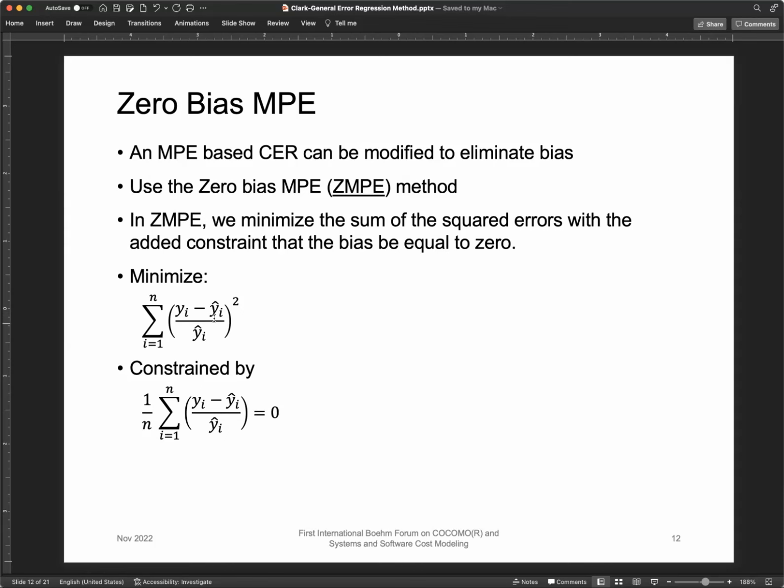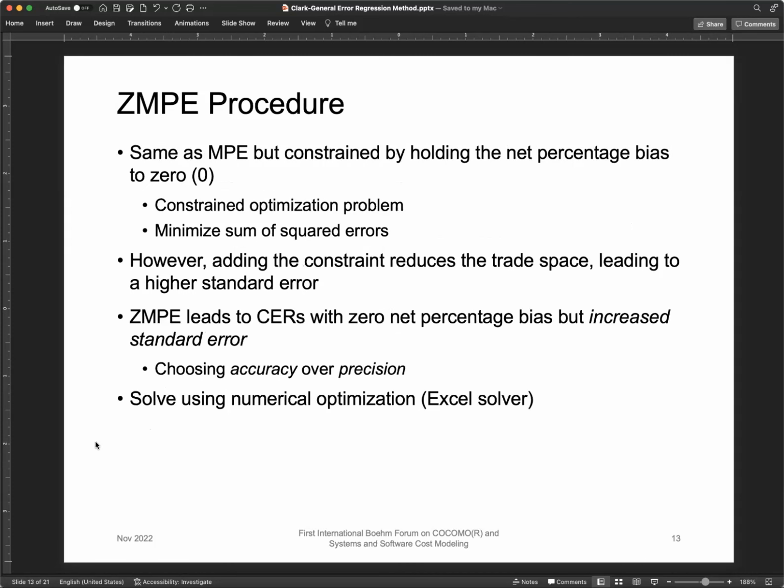All right, so we minimize the squared errors, constrained by the average of the percentage errors being equal to zero. You'll see these equations again in our demo, so don't worry about trying to remember all this. It's the same as minimum percent error, but constrained by holding the net percentage bias to zero.